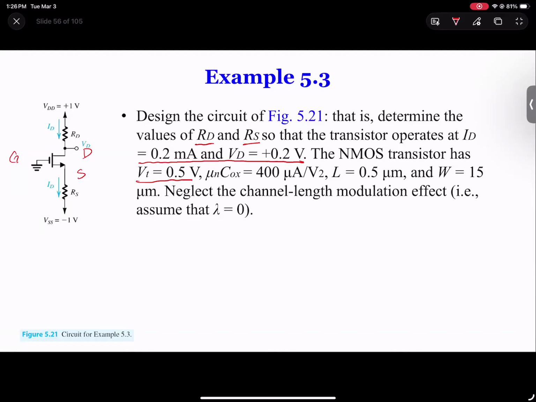VT is given as 0.5, mu COX is given as 400, L is 0.5, W is 15. Those numbers are already given. It also says to neglect the channel length modulation effect, so we are going to neglect it.